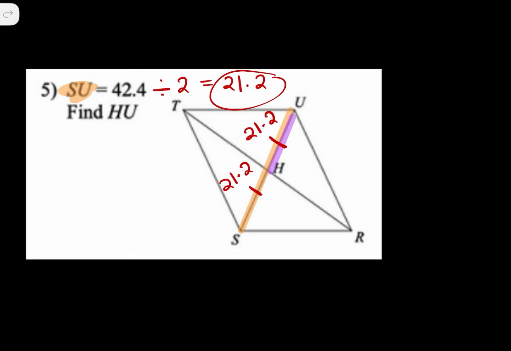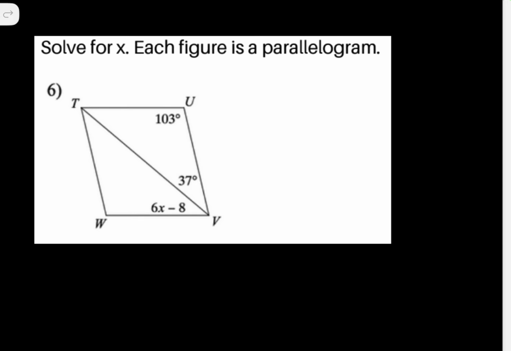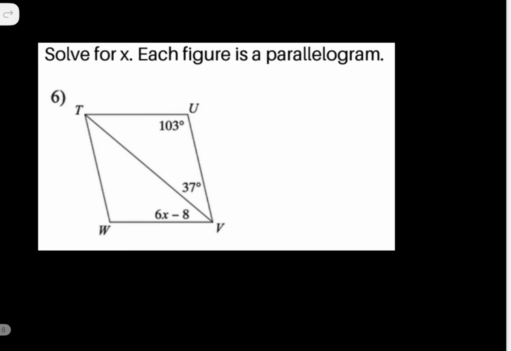All right, let us move on to another problem. So let's take this to the next level. Okay, so this time we are including algebraic expressions. We are asked to find the missing angle. I mean, not missing angle, but missing variable.